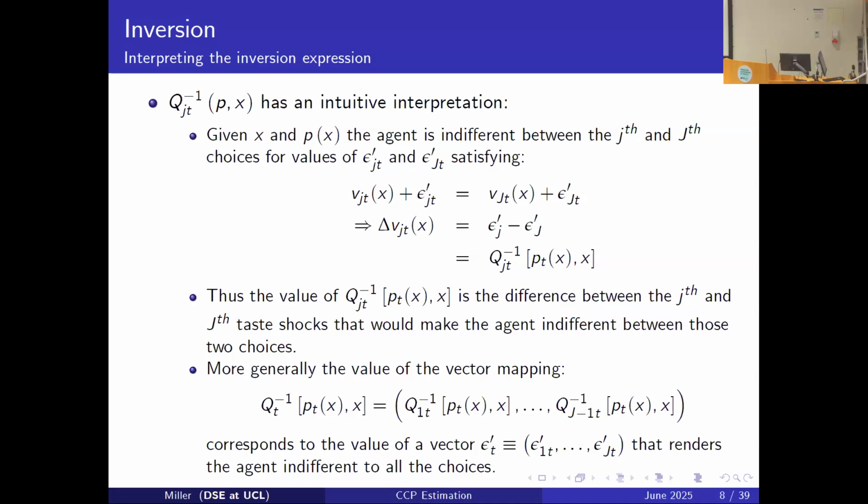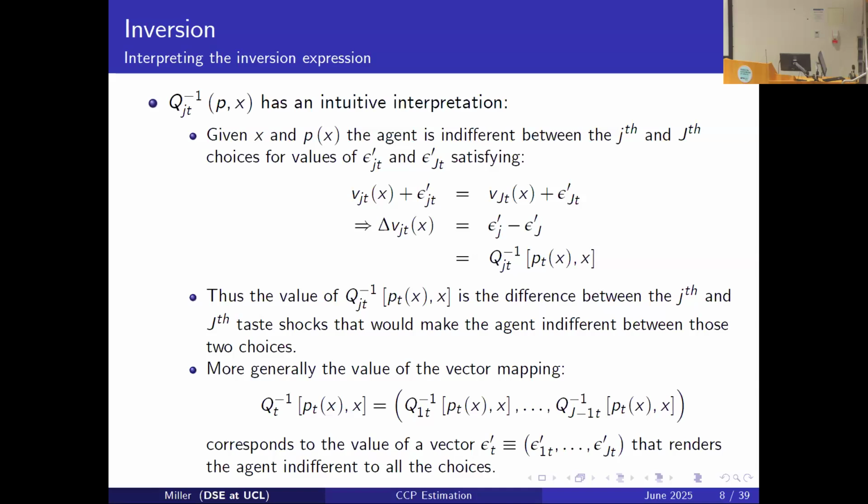In other words, if you're indifferent between little j and big J, it must be true that this equation is satisfied. Remember I said that for the case in which we had no unobservables, they had to be indifferent if they equalized. So that's the threshold at which they're indifferent.